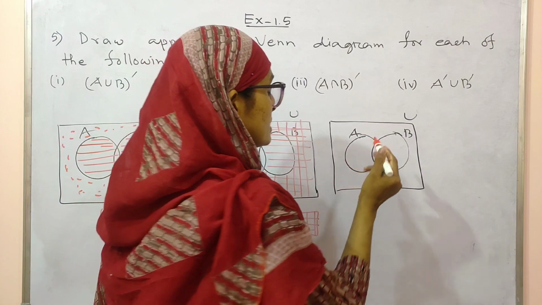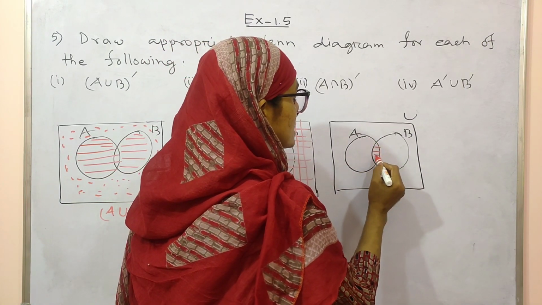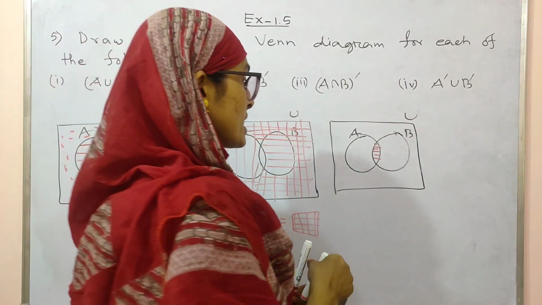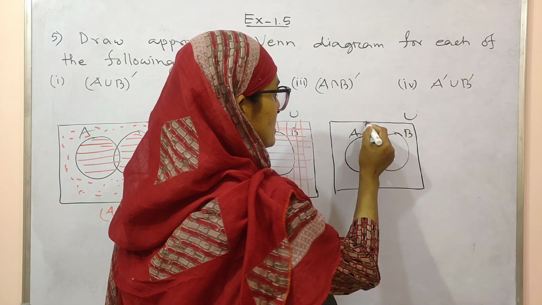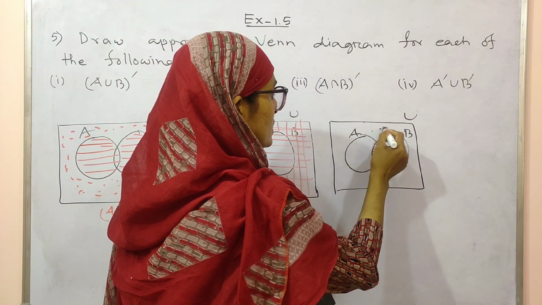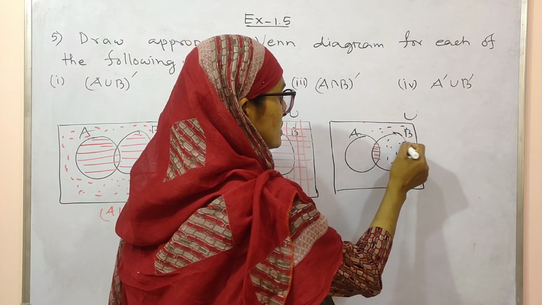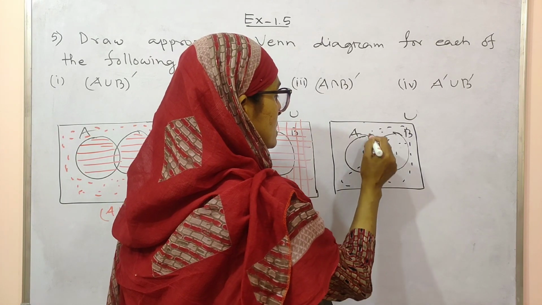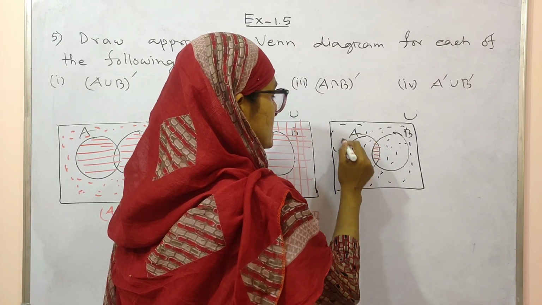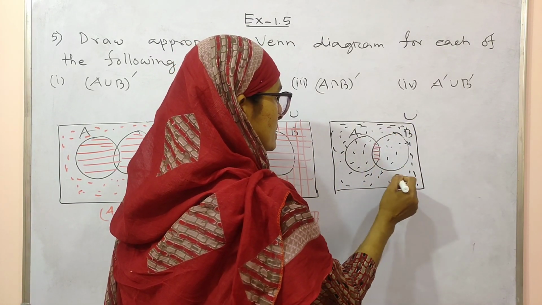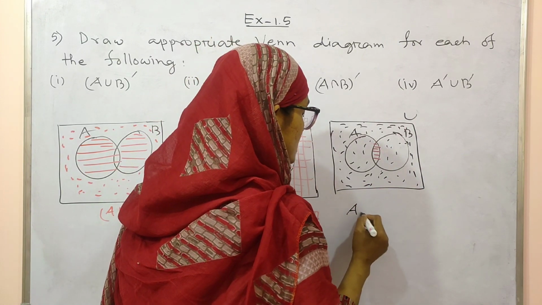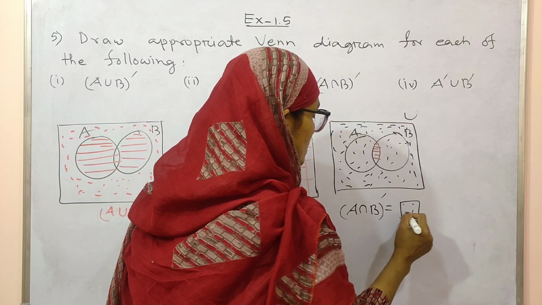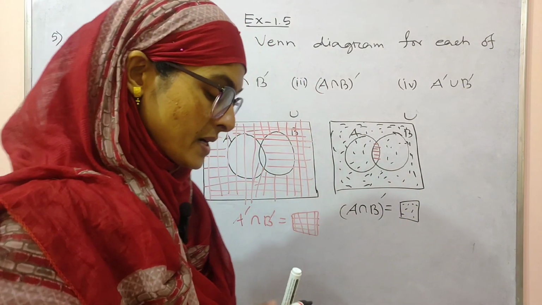A intersection B complement means this part, the dotted part, the whole part. This is the Venn diagram of (A intersection B) complement. You can write this dotted part is (A intersection B) complement.